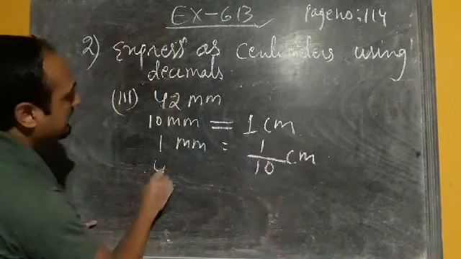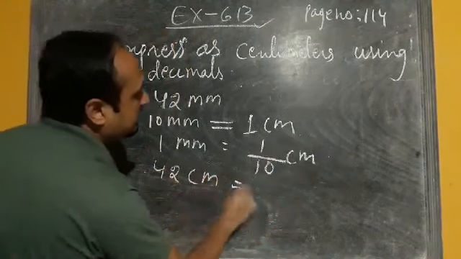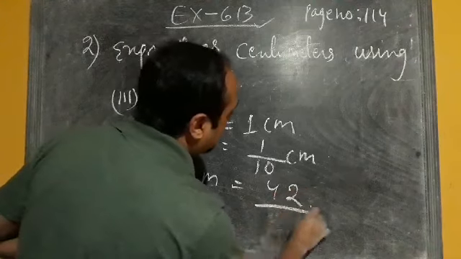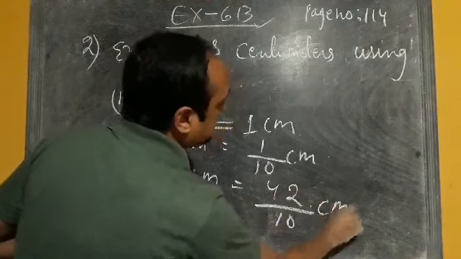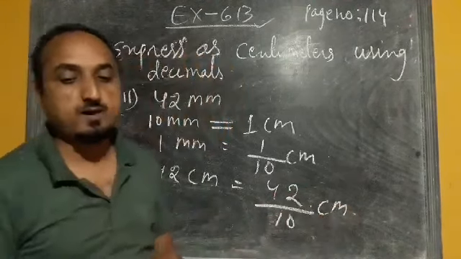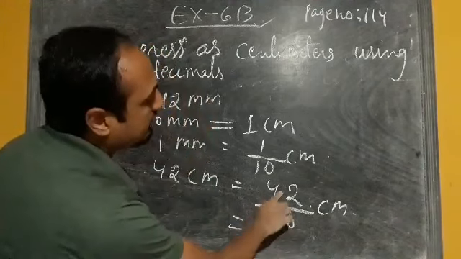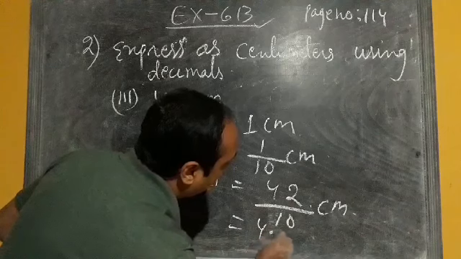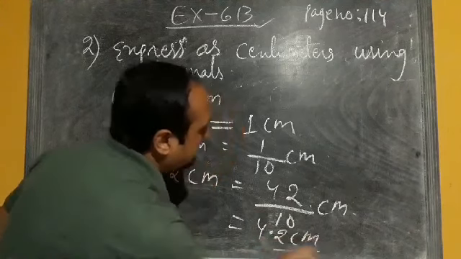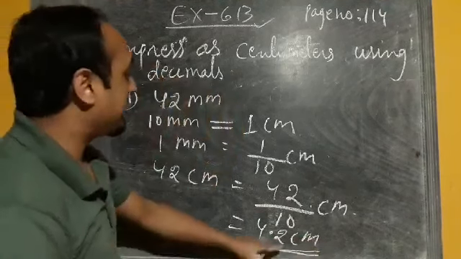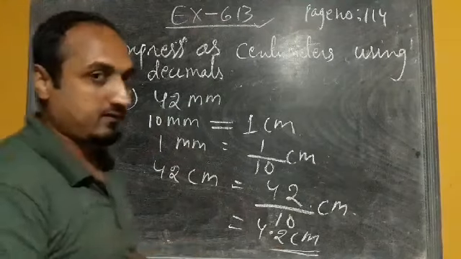So 42 millimeter equals 42 by 10 centimeter. Now this 42 by 10 centimeter can be written with the decimal point placed here. Now it will be 4.2 centimeter. Okay. So this is the answer for question number 3.